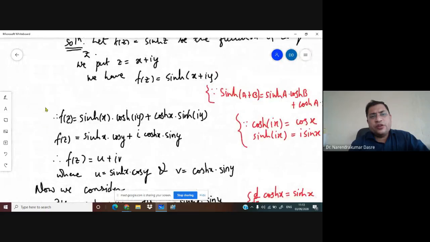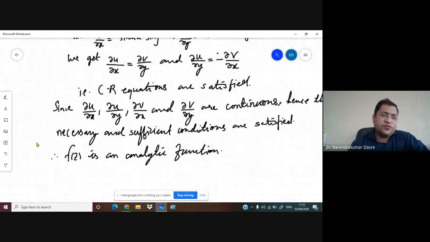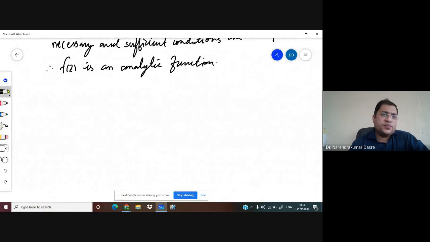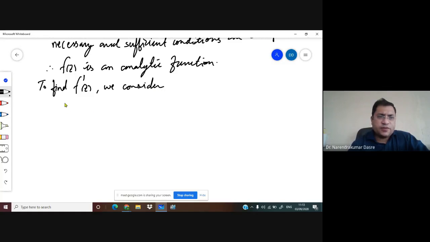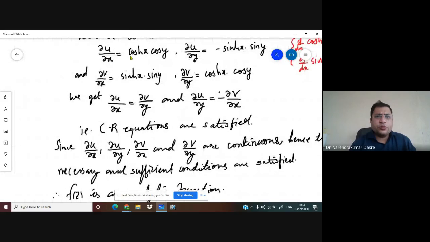Now we have to think of f'(z). To find f'(z), we consider f'(z) = ∂u/∂x + i ∂v/∂x. The ∂u/∂x that we have calculated here is cosh x cos y, and this is sinh x sin y.